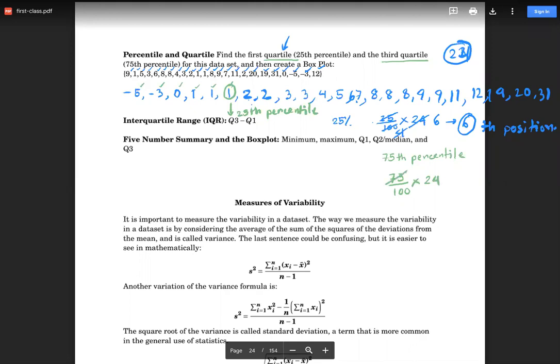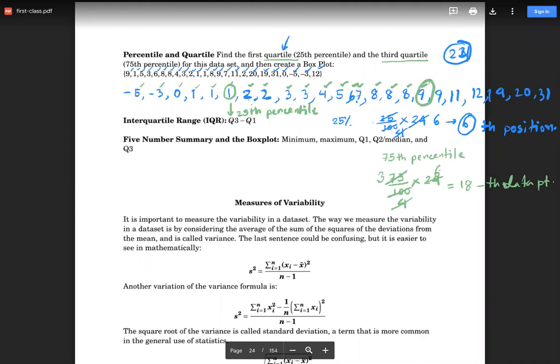So 25 goes into this 3 times, 25 goes into this 4 times, 4 goes into 24 6 times. 6 times 3 is 18. So we are looking for the 18th data point. Now, this was the 6th, 7th, 8th, 9th, 10th, 11th, 12th, 13th, 14th, 15th, 16th, 17th, 18th. So 18th data point is 9.